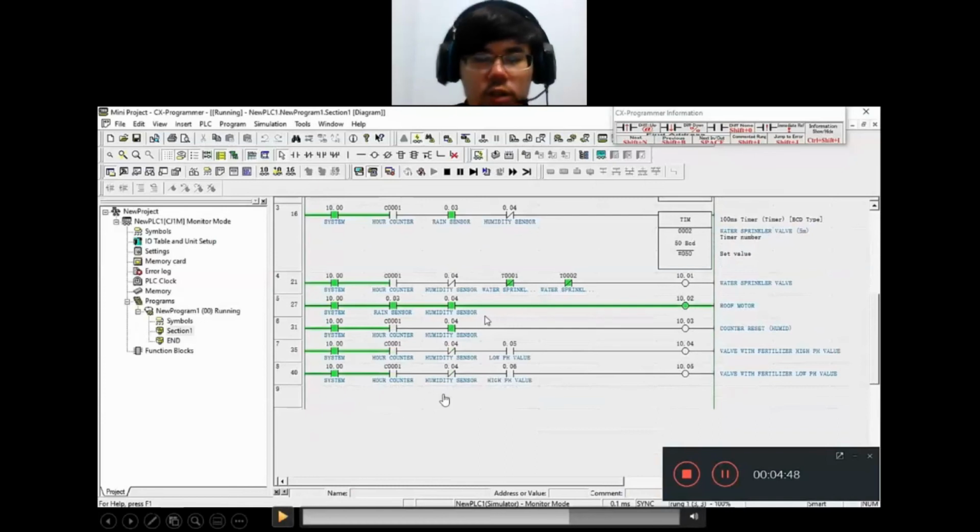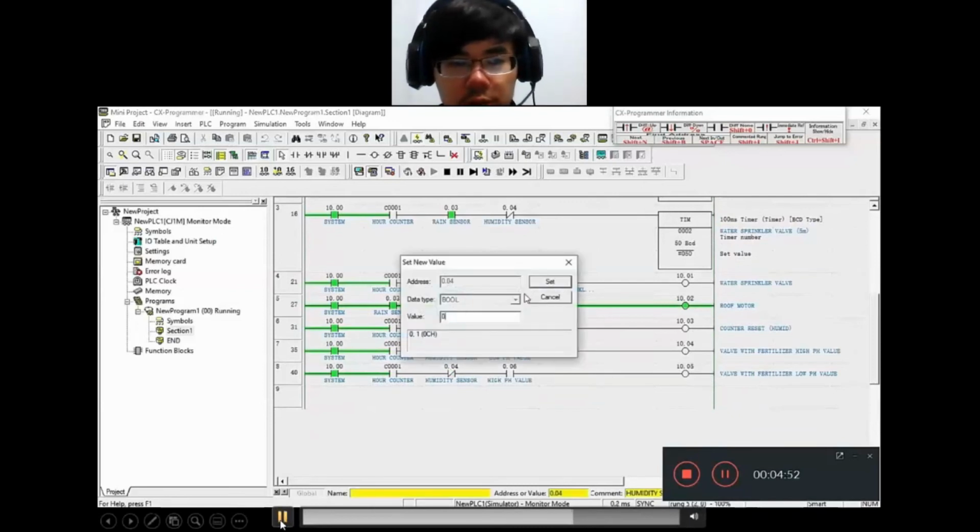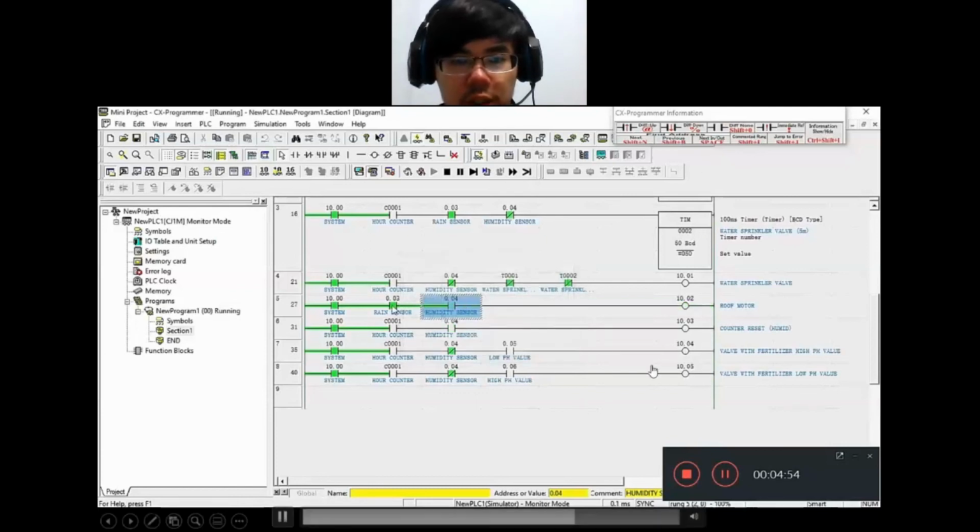Alright, now meanwhile, the roof motor is set to close if either one of the rain sensor or humidity sensor is equal to 0.